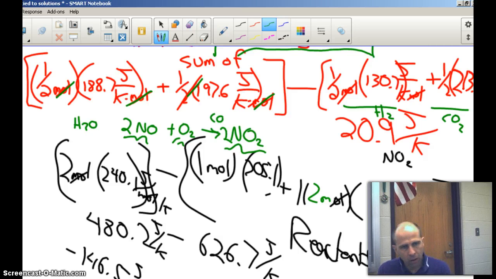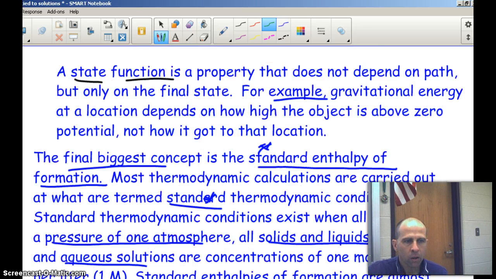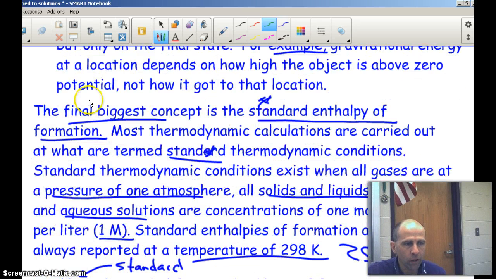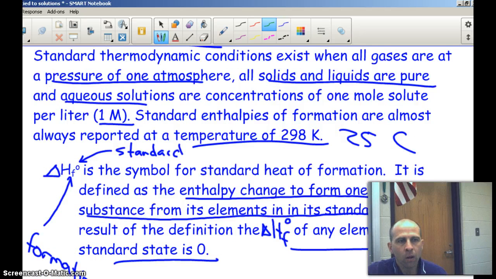So if I can do it quickly, and I don't know if I can, let me go back here and look at this definition, and then I'll come back and do one more video to wrap this up. If you have something under standard conditions and you make a mole of it, there's this definition here that the delta HF0, where the little f means heat of formation, where before we had like heat of solution.